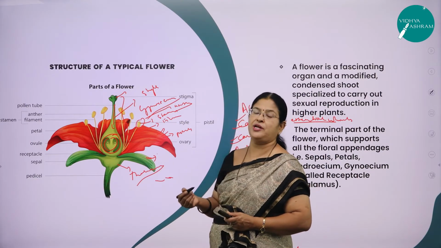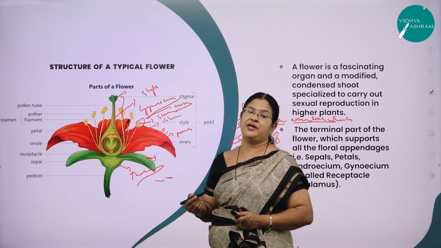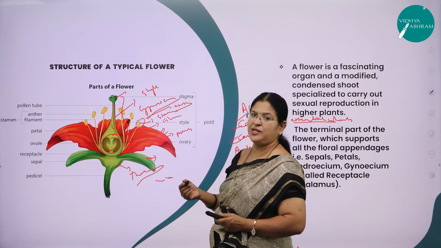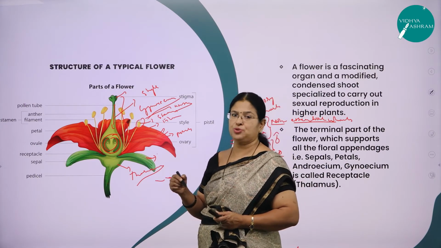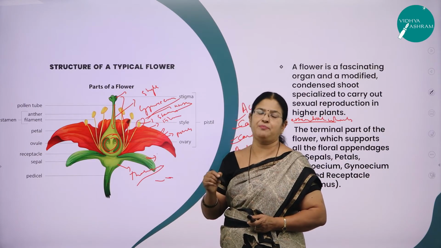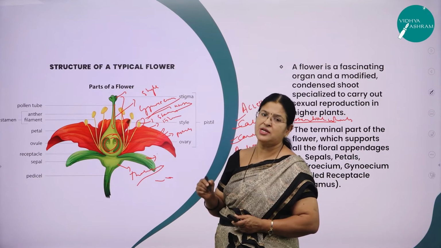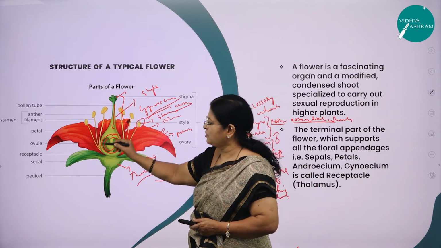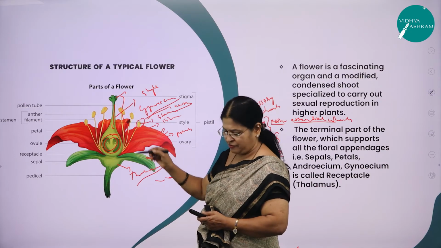So pollination through insects is called what? Entomophily, right? And insects play a very great role in the process of pollination, bringing the 2 gametes together. As I said, the bringing of 2 gametes together is a very important step for a very important event to happen, that is fertilization. And you can see the ovary with the style and stigma and the anther lobe with the filament.